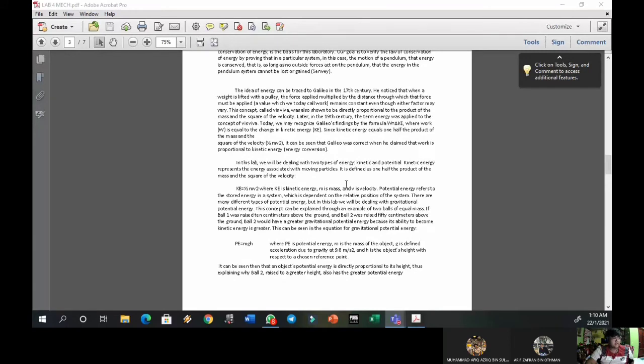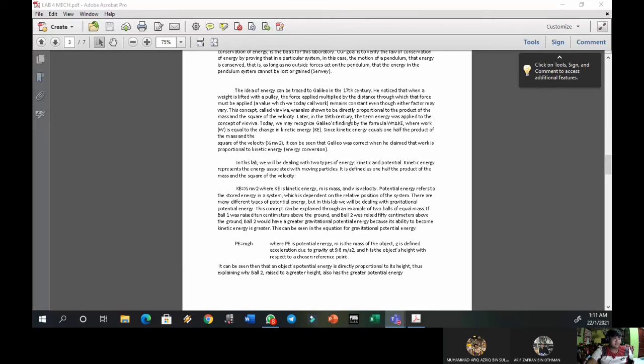The idea of energy can be traced to Kepler in the 17th century. He noticed that when a weight is lifted with a pulley, the force applied multiplied by the distance over which that force must be applied remains constant even though either factor may vary. This concept, vis viva, was also shown to be directly proportional to the product of the mass and the square of the velocity.